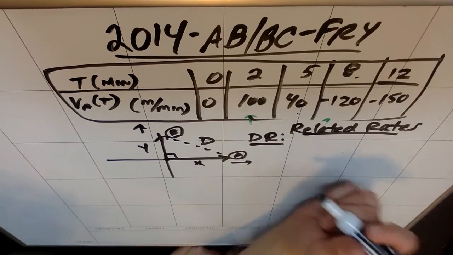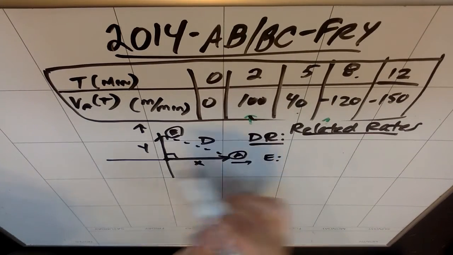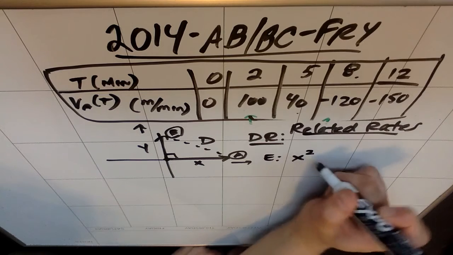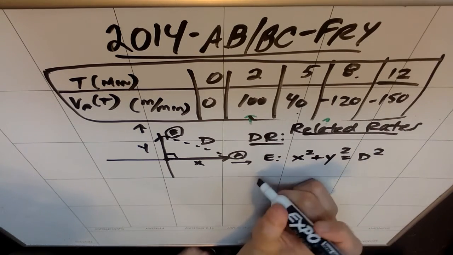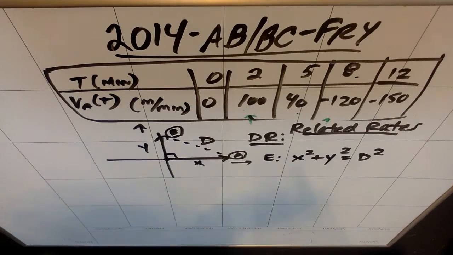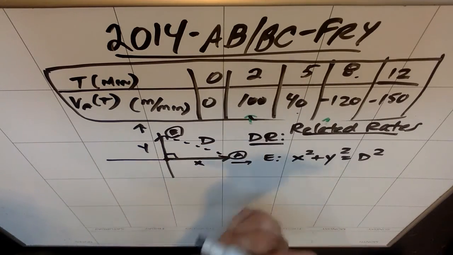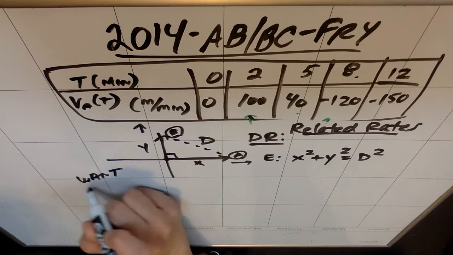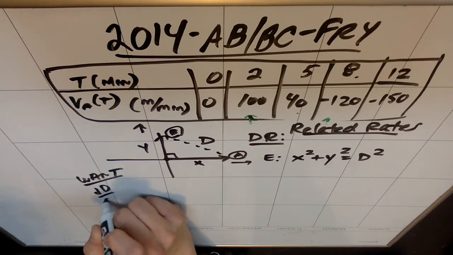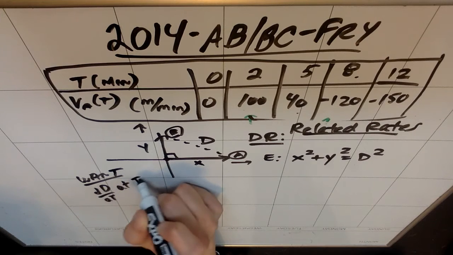Cool. So I need an equation that relates my diagram to my rates. Well, I know that it's the Pythagorean theorem: x squared plus y squared equals d squared. Now, what they want is the rate of change of d, so dd/dt at the moment when t equals 2.